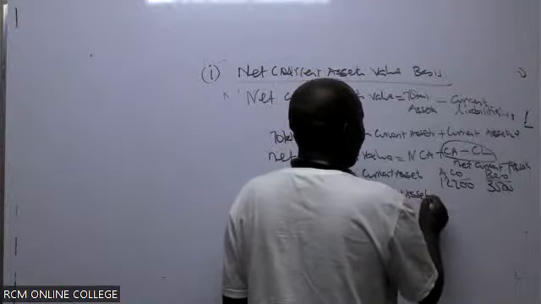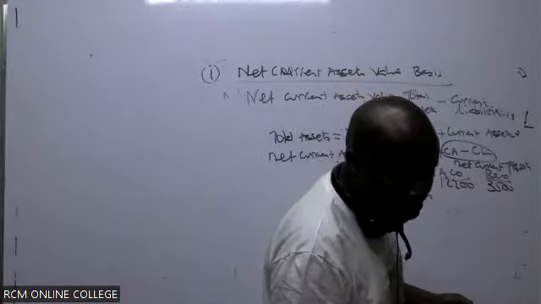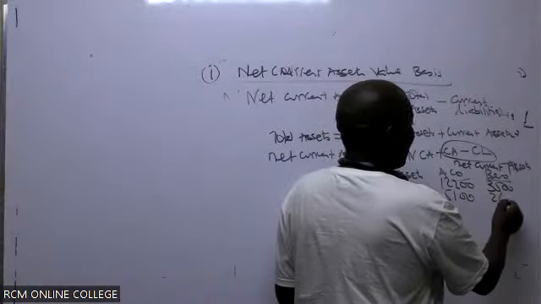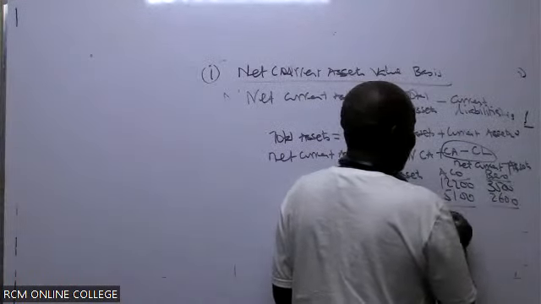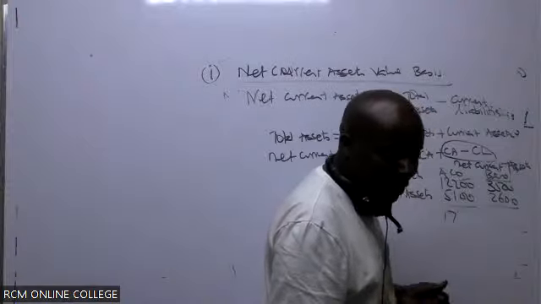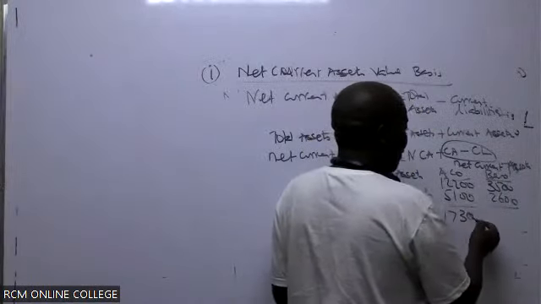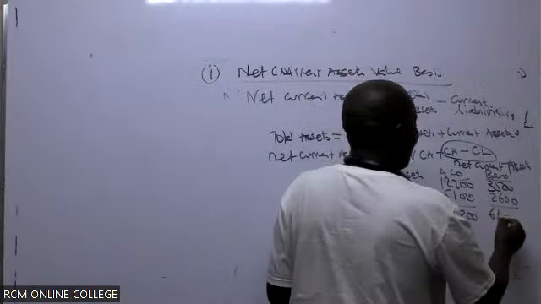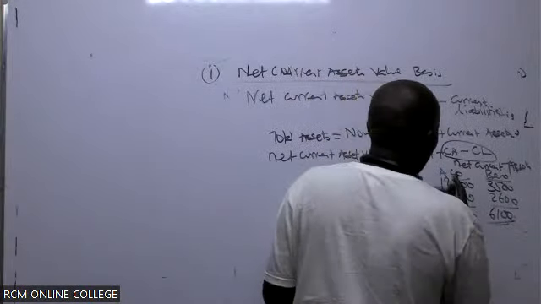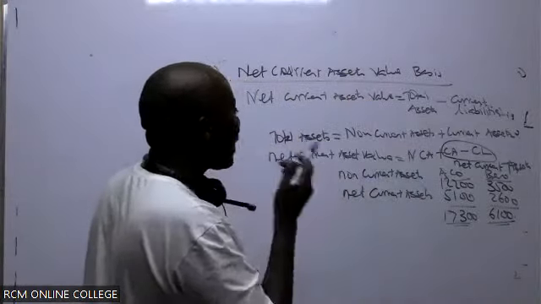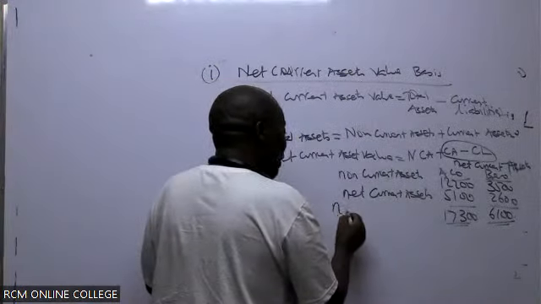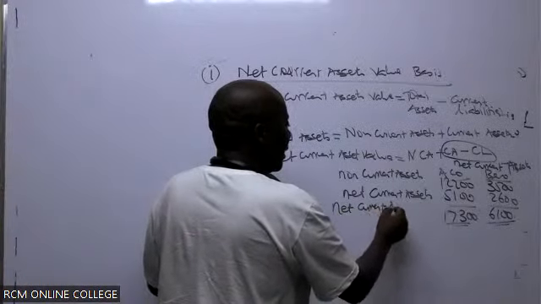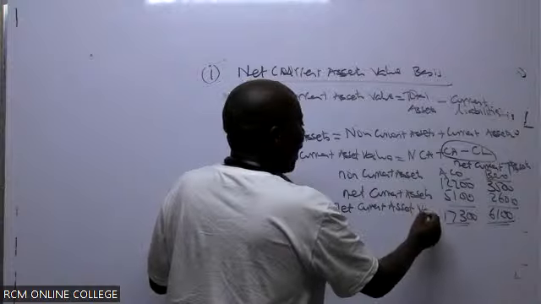They have given me net current assets. What do we have there? 5,100, 5,100. And that's how they got these figures of 17,300 versus 6,100. So these are our net current asset values.